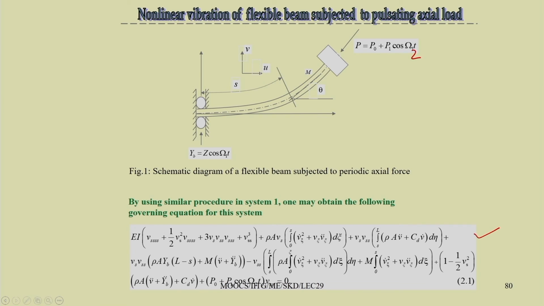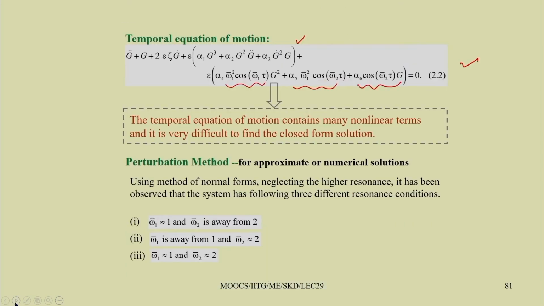In the previous case we had taken only single frequency excitation, that is base excited, but now we have 2 frequency excitation: the base is excited with a frequency omega 1, and we have applied an axial force at the end with a frequency of omega 2. So, we have omega 1 bar equal to 1 and omega 2 bar away from 2.